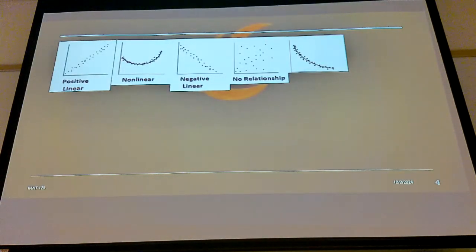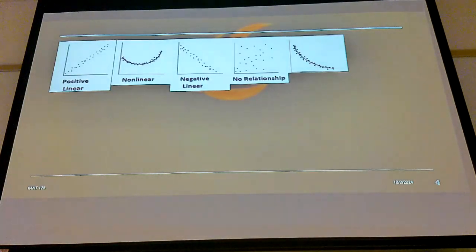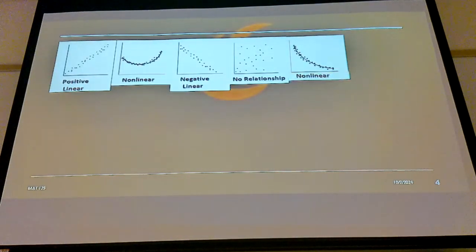Just to see if you're familiar with this. You're not expected to be. This would actually be a negative exponential. Specifically, this is an exponential decay. But again, for our purposes, it's just nonlinear.